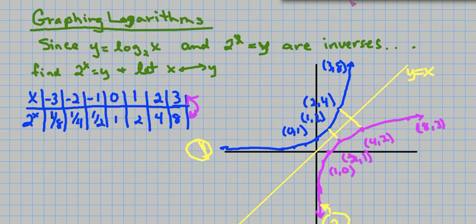Now, whatever we've done in the past as far as transformations go, it's going to work the same way now. So let's say we've got this as a start point: f of x equals log of x, so we'll just go common log.